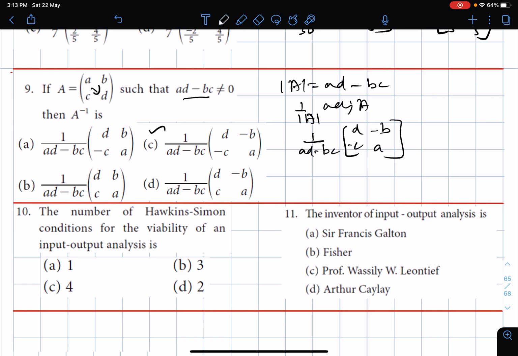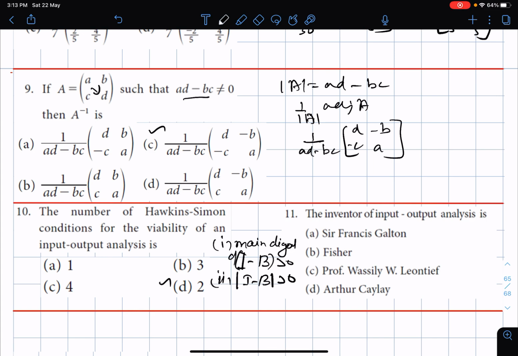Our first condition is that the main diagonal of I minus B should be greater than 0, and our second condition is that the determinant of I minus B should be greater than 0. This is our condition. So how many conditions have we got here? 2. So it is answer D. For the 10th one it is going to be D.